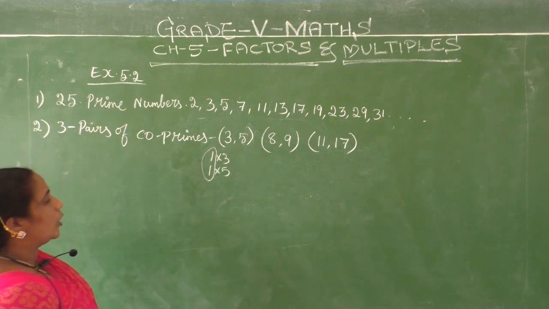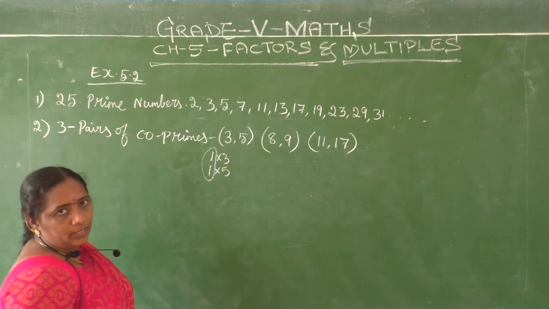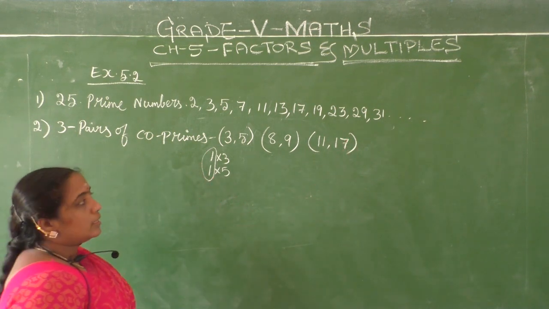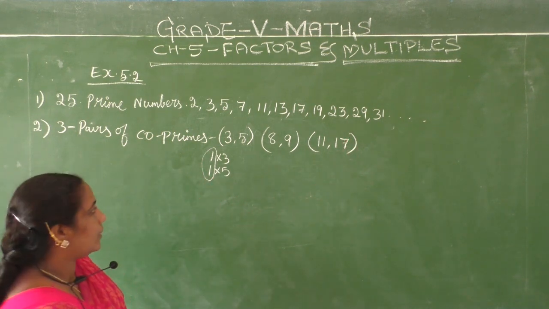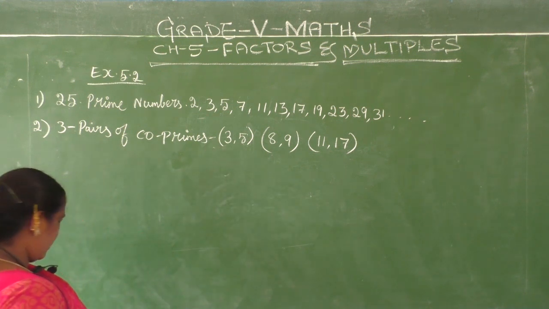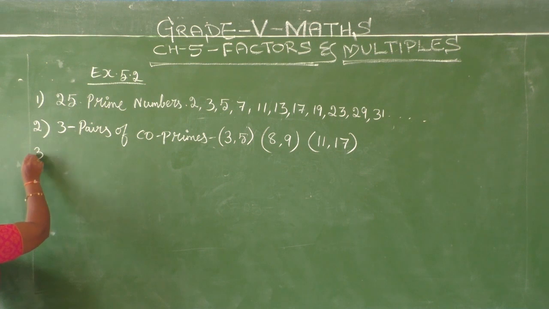So that's why we call these two numbers co-primes. Likewise, you can check the remaining numbers also if you want. Okay. Then the third one. Write 3 pairs of twin primes.